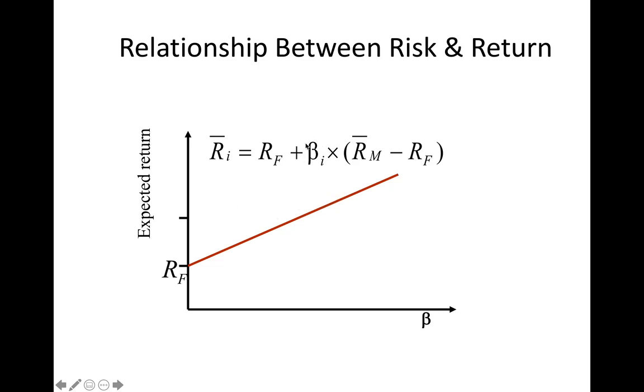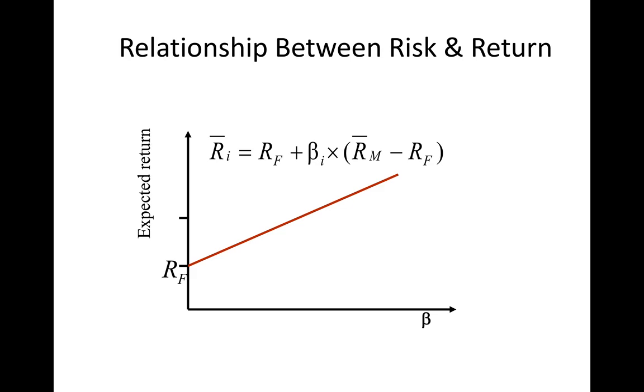Bear in mind that beta is a measure of the systematic risk of an individual security. So even though the average investor may not be able to do anything about systematic risk, individual securities vary differently depending on how the market plays out. Some are more sensitive, some are less sensitive to the market.